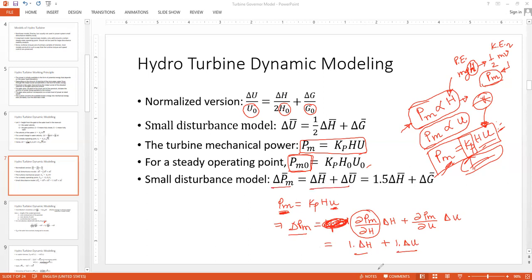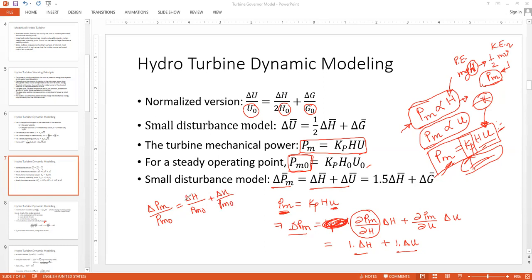And then you take the normalized version. So what you would do, you would simply take del PM over PM0 equals del H over PM0 plus del U over PM0. Now there is nothing to be cancelled actually.